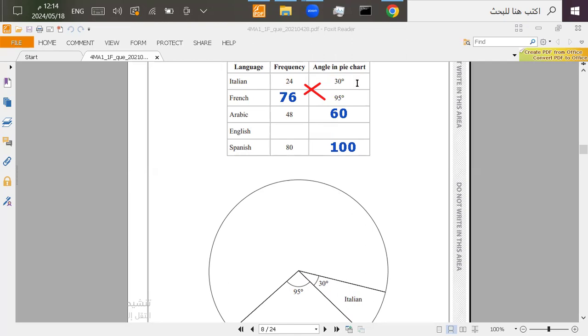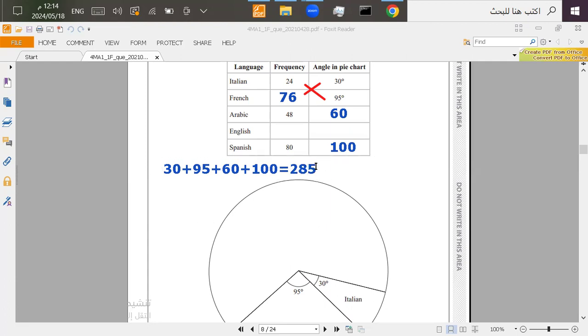So let's add them together. 30 plus 95 plus 60 plus 100. It's going to be 285.